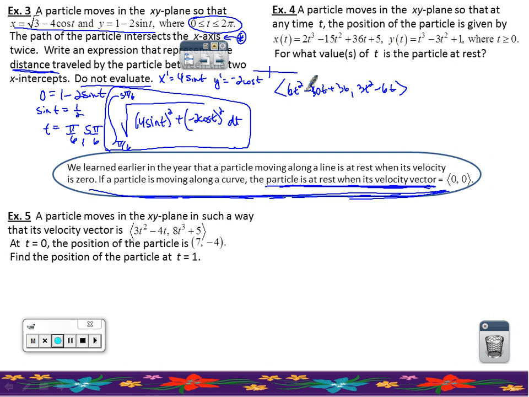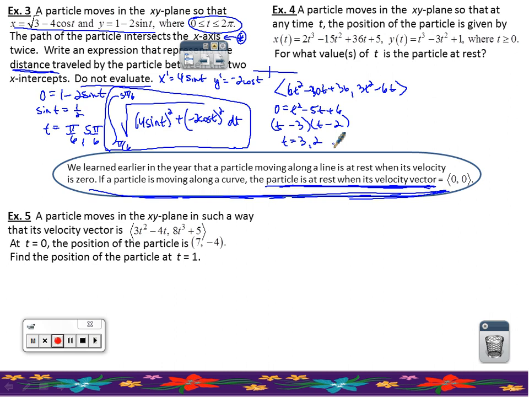On this first component, it has a common factor of 6, so I'm going to pull that 6 out. And so let's factor that. So t minus 3. So we have 2 times when the horizontal component is at rest.